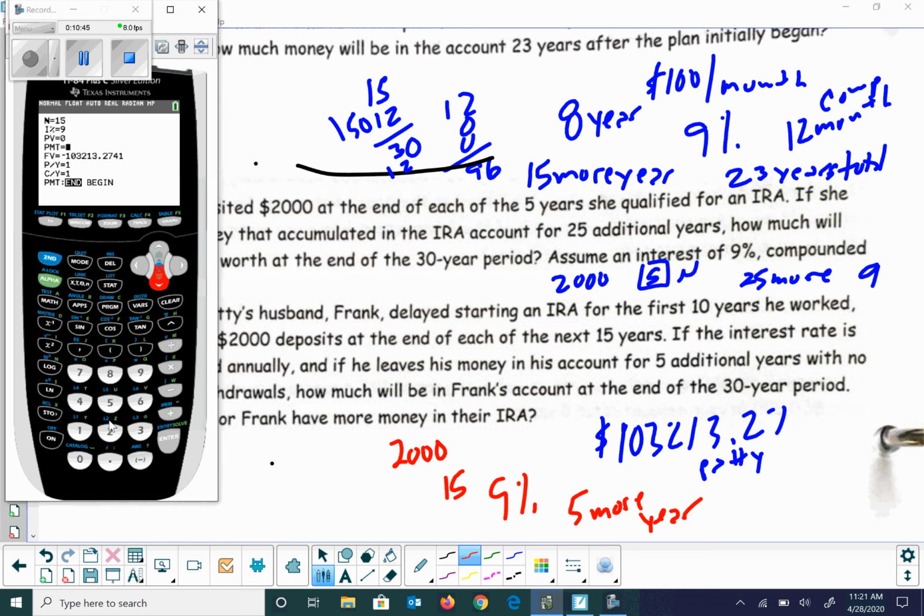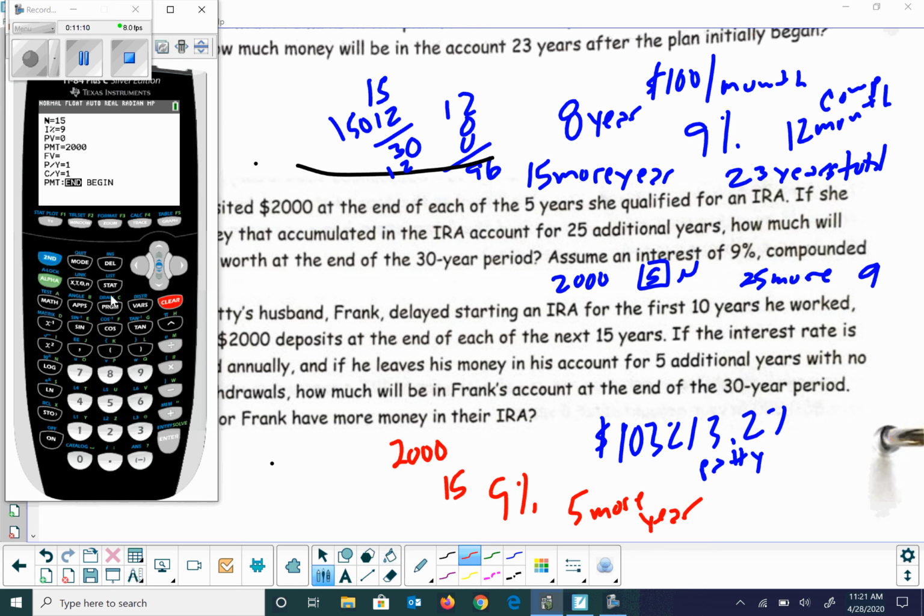And then now he's going to put $2,000 in. P/Y is payments per year, so he is doing it just 1 time a year. Okay, so let's figure out our future value. We're going to clear that out. So he's just doing $2,000 once a year for 15 years.